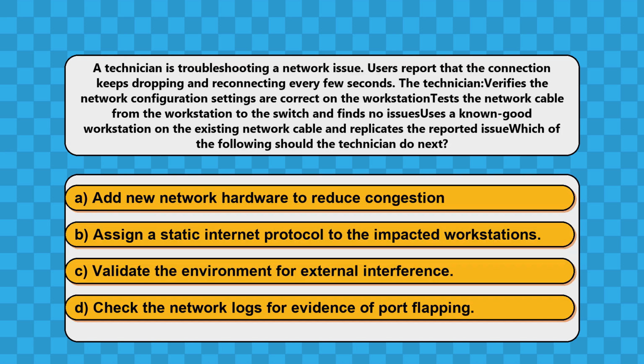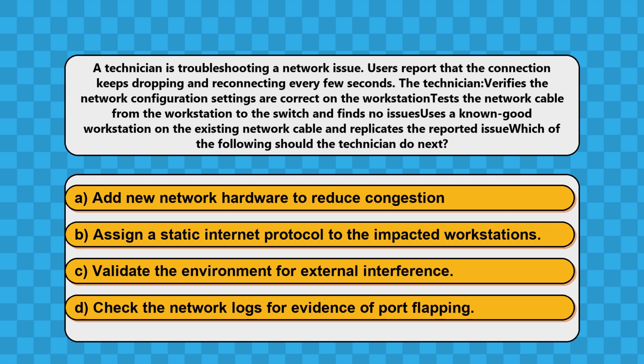Question 58. A technician is troubleshooting a network issue. Users report that the connection keeps dropping and reconnecting every few seconds. The technician verifies the network configuration settings are correct on the workstation, tests the network cable from the workstation to the switch and finds no issues, uses a known good workstation on the existing network cable and replicates the reported issue. Which of the following should the technician do next?